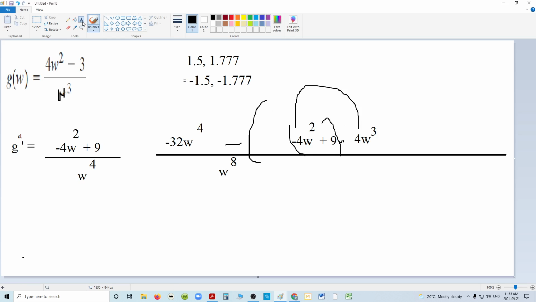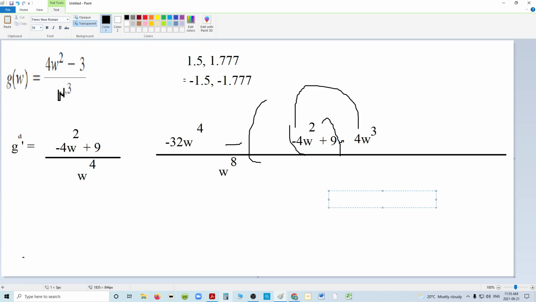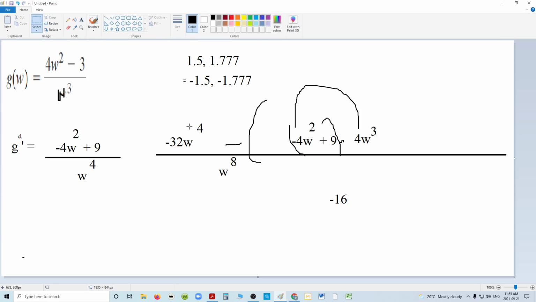I get minus 16 w to the, oh, I got the wrong one, it's w to the 4. Oh no, the derivative is w to the 3. So I get minus 16, which makes me think, yeah, this first one here should be w to the 5 here. There you go. Made a small error.